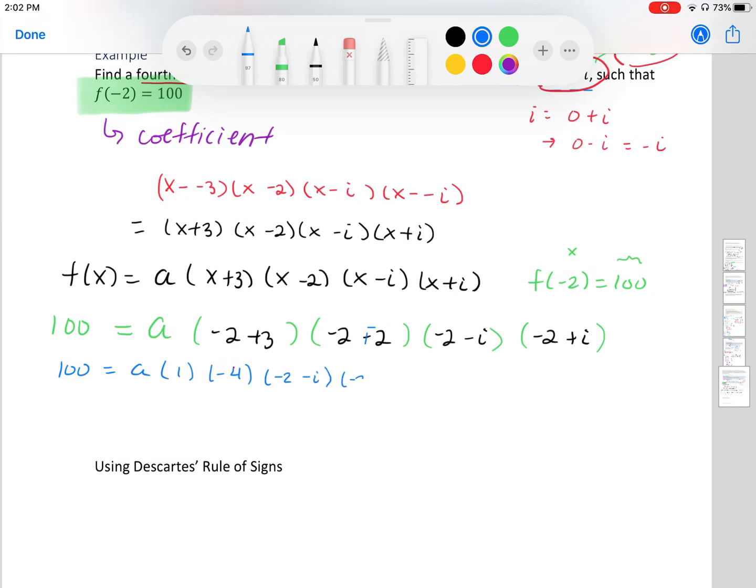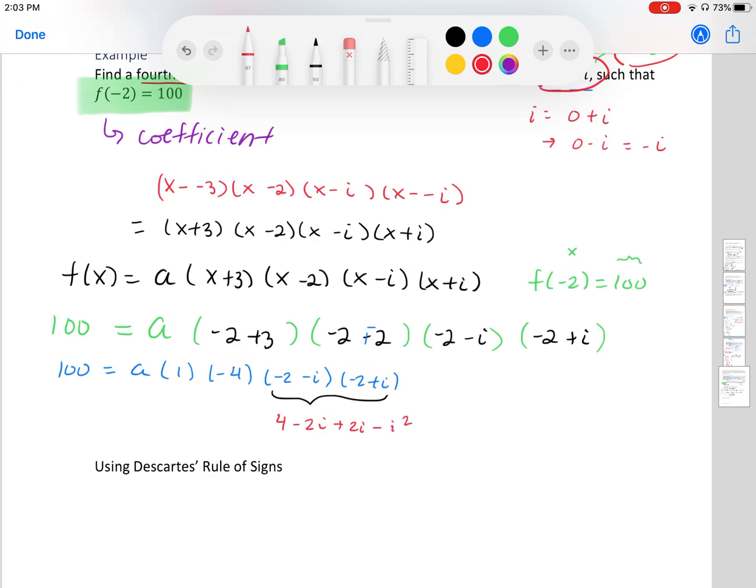And -2 plus i. Okay, I have to start off by multiplying our i's. Let's go ahead and FOIL. So I have -2 times -2 is 4. -2 times i is -2i. -i times -2 is plus 2i. And -i times i, that gives us -i squared. Right?